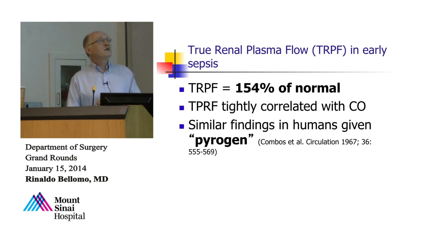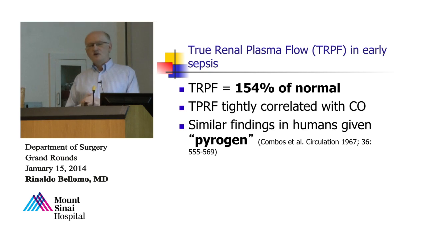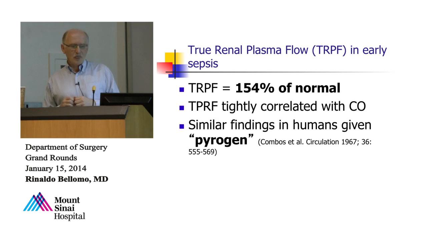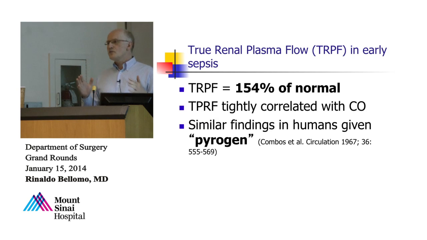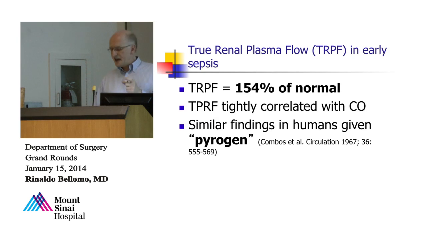And what was found in these patients was that the total renal plasma flow was actually 154% of normal, and it was tightly correlated with cardiac output. And in fact, there is some data in a few volunteers from Circulation in 1967 showing similar findings. So both of these studies suggest that, in fact, human beings with sepsis or sepsis-like states may well be similar to sheep.